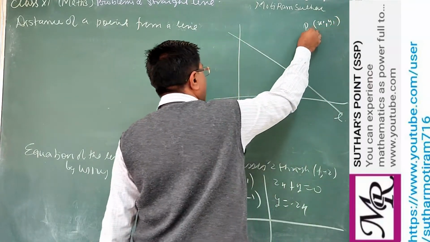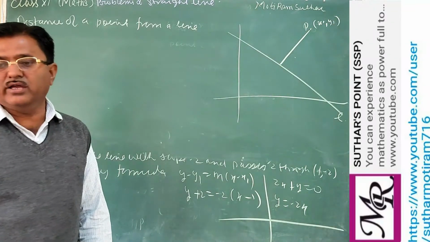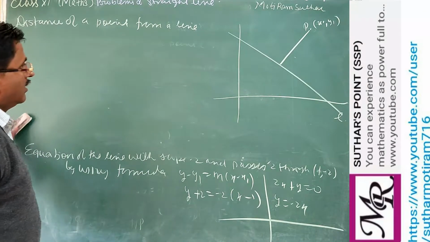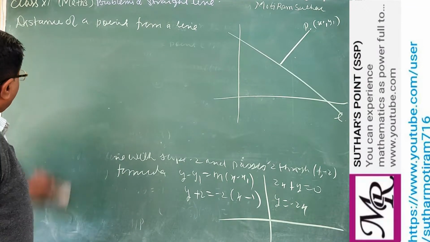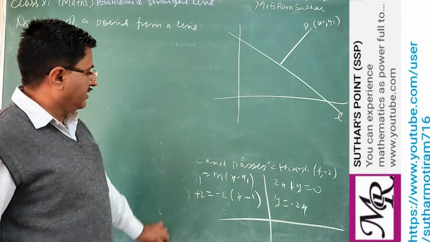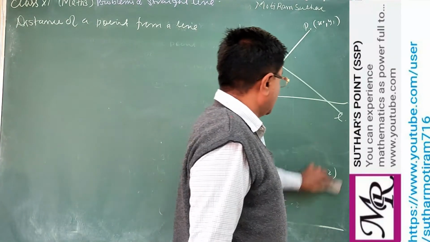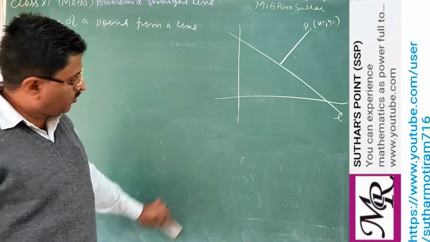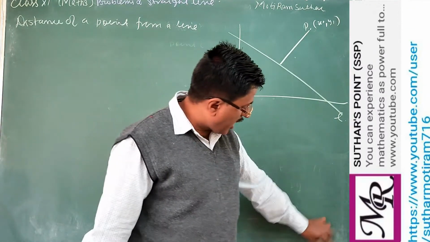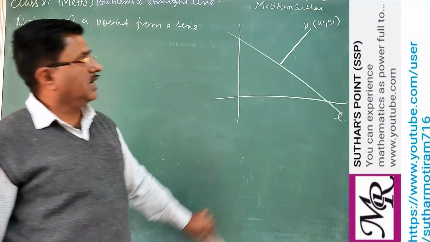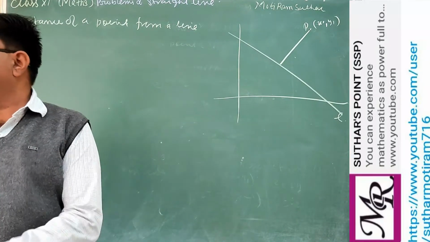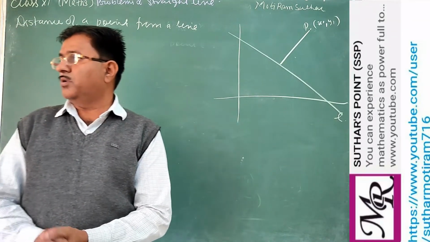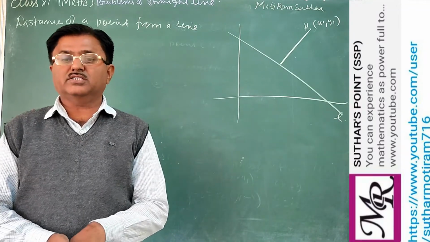Then how to find the distance of this line from the given point? We are given a point, meaning we are given the coordinates of the point, that is x1, y1.